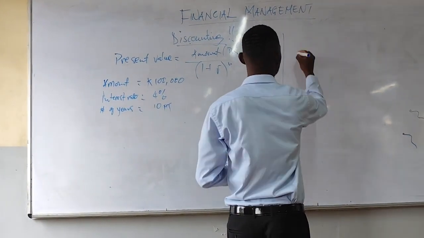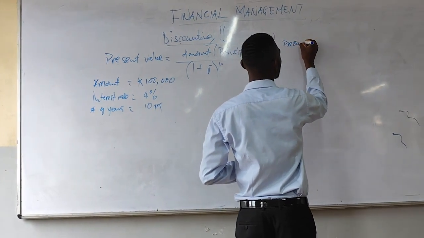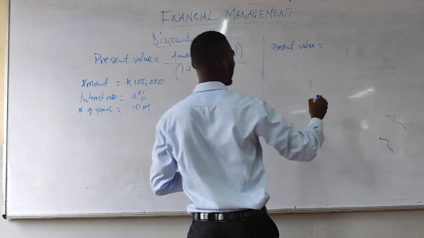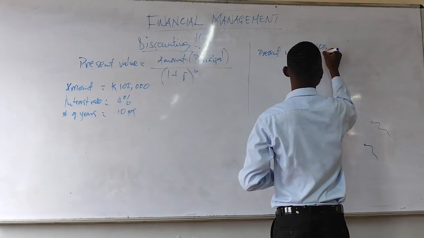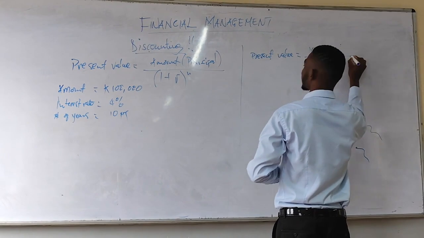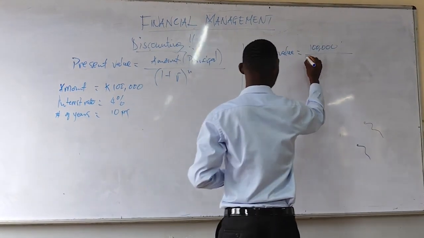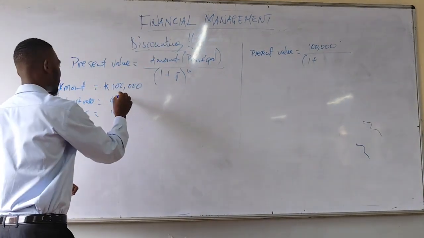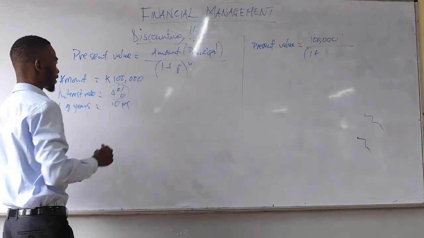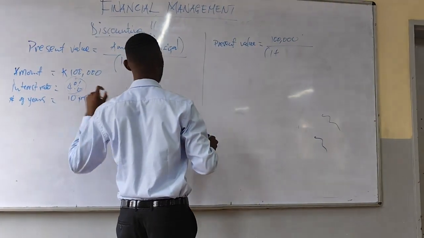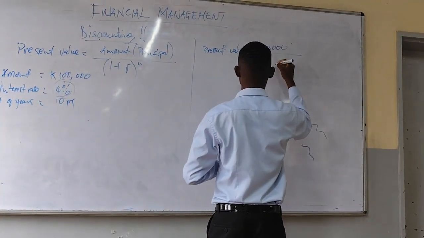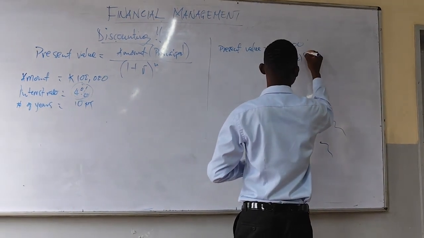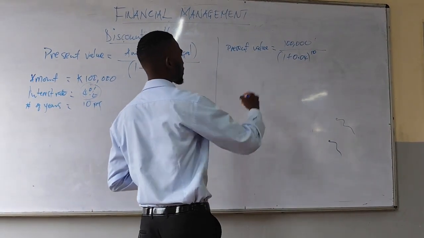Using our example, present value is equal to, the amount is 100,000 divided by 1 plus interest rate. So we'll convert the interest rate to remove the percentage, so it's going to be 0.04, to the power number of years, which is 10.